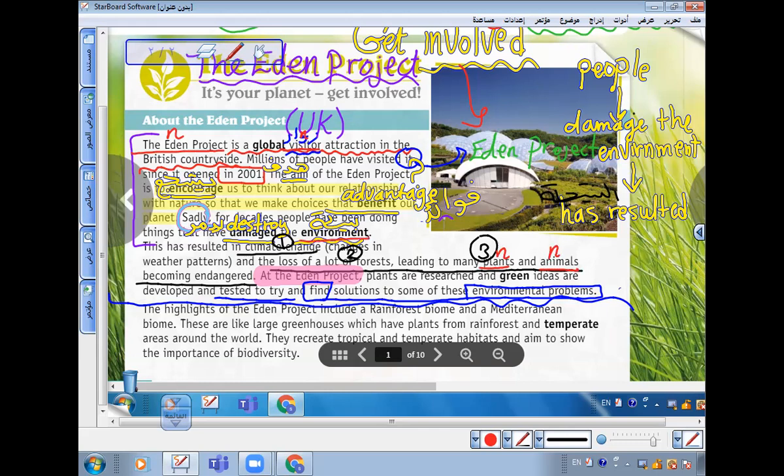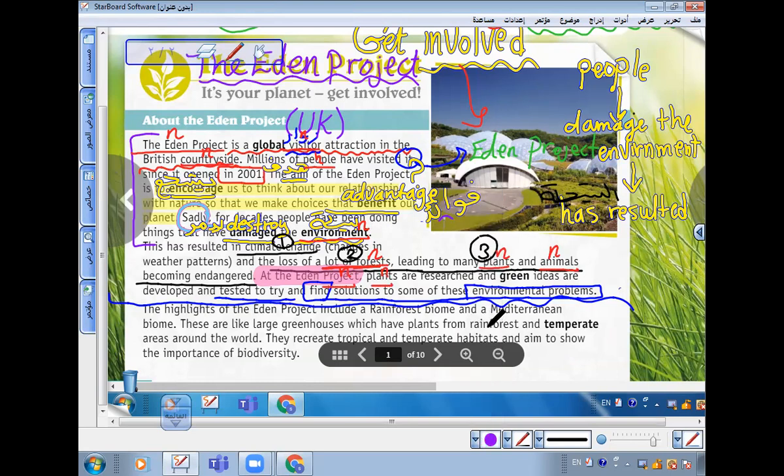Environment. Excellent. بيئة. Forest. تمام. Forest. Noun. People. No. British adjective. Countryside. Alone. Noun. Project. Noun. Planets. Noun. That's enough.